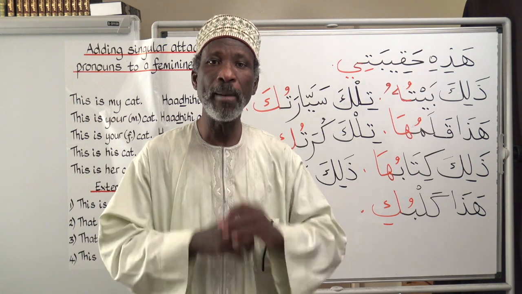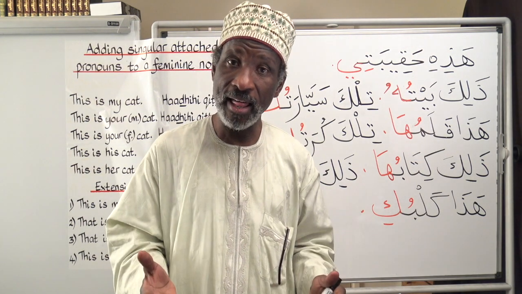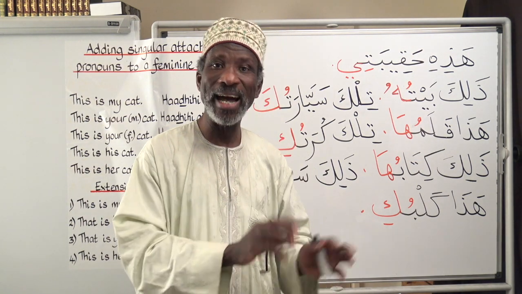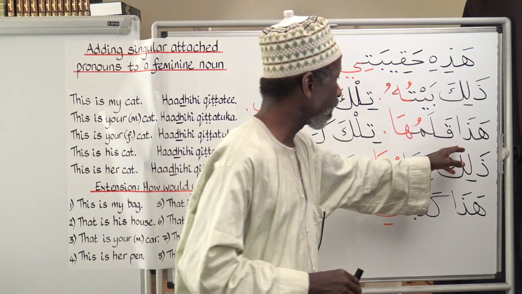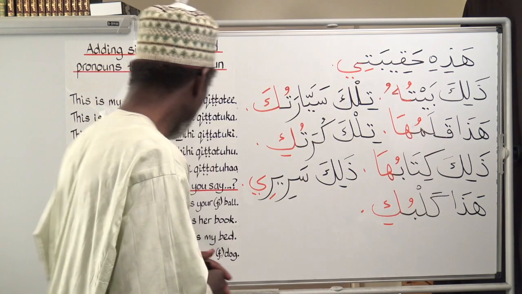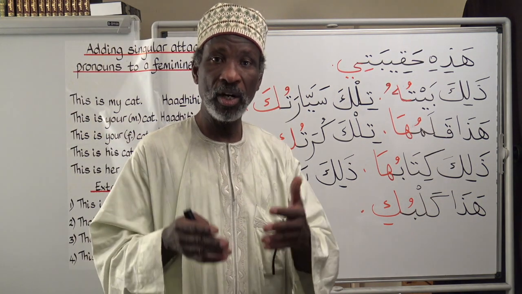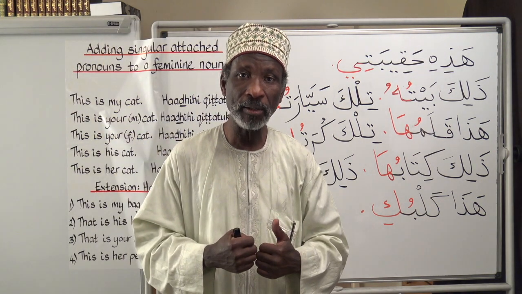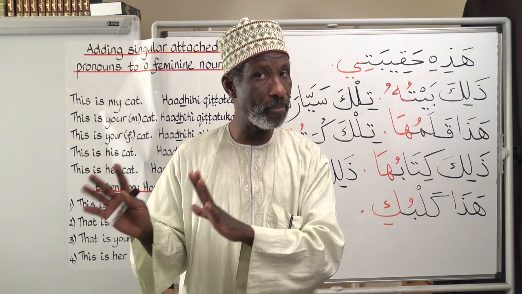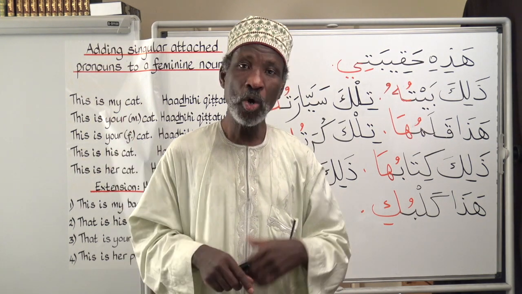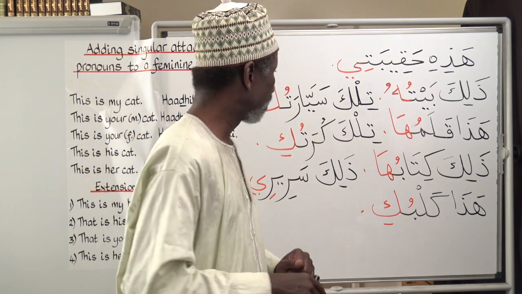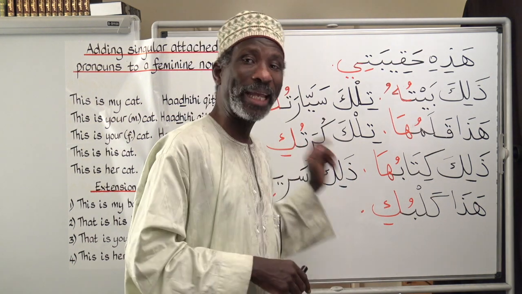Pen is qalamun. So we say hadha qalamuha. Number five, that is your ball. We're speaking to a female. Ball is feminine. We say tilka kuratuki.